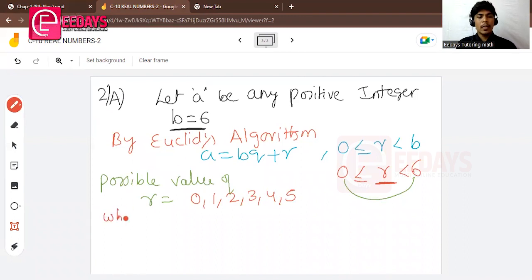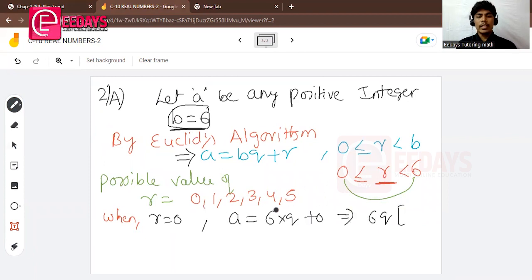When R is equal to 0, substitute in Euclid's division lemma. What will we get? B here is already 6, as we took in the basics. So A = 6Q + 0, that is A = 6Q. Observe carefully, guys.